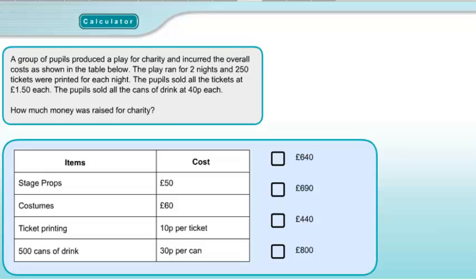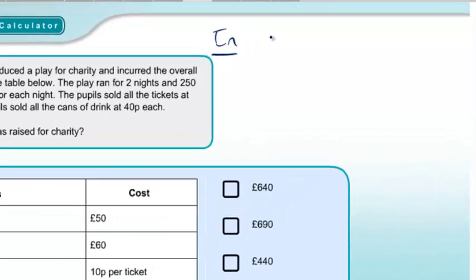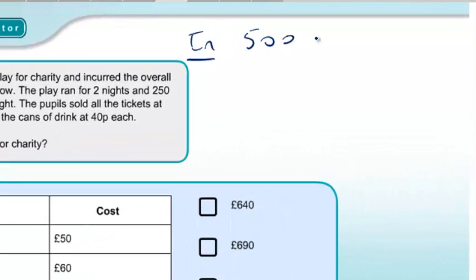So in question 4, we have to work out how much money was raised for charity. It's quite wordy, but in this type of question, break it down into the income and the costs. So let's do the income first. So the income was 250 tickets at 2 nights, so that's 500 tickets, and they cost £1.50 each.